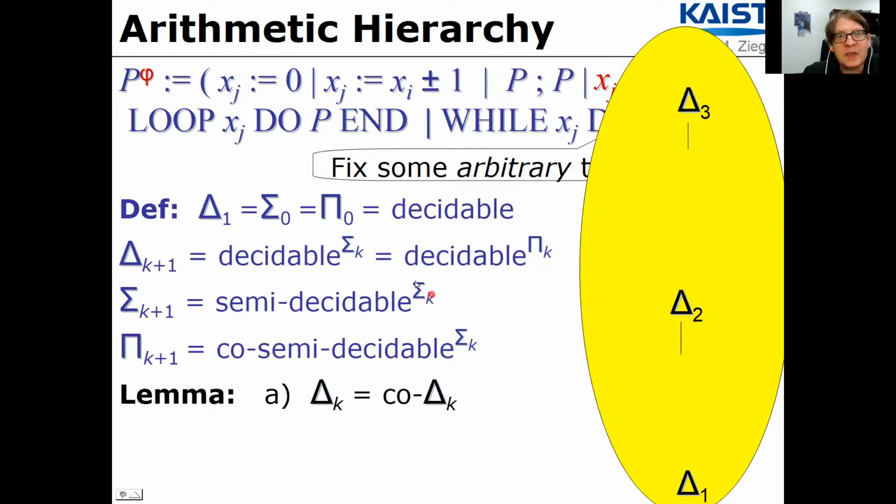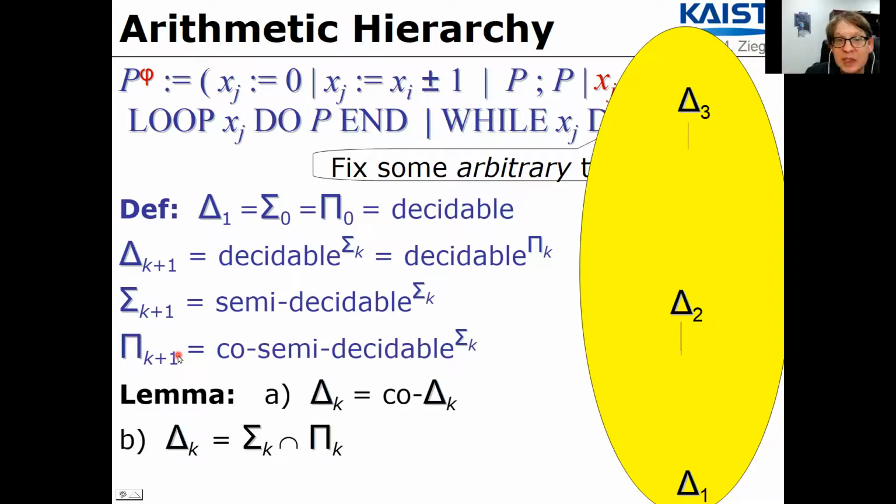So if we have some set here as such an oracle, then we can also have its complement as oracle and recover the original one by flipping the return value. So it makes no difference in terms of oracle whether we use pi k here or sigma k here or pi k here or sigma k here. So that's the answer to the question.